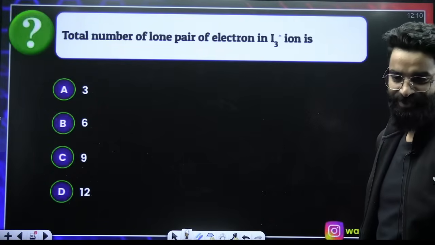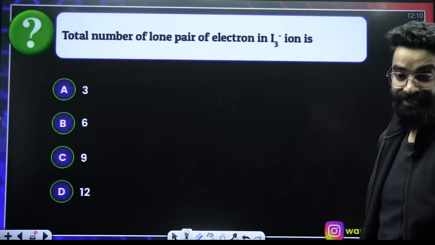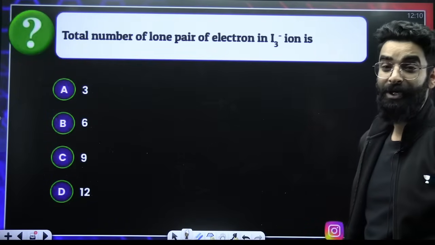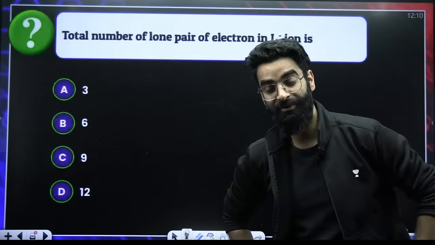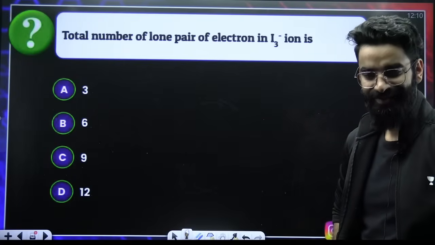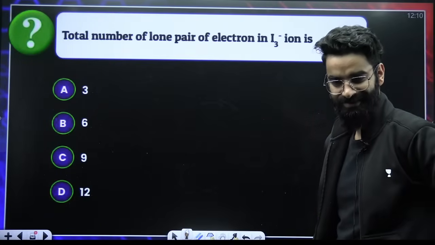That's why I told you a lot of students will mark it incorrectly. He's not asking about the lone pairs on the central atom. He's asking about the total number of lone pairs.